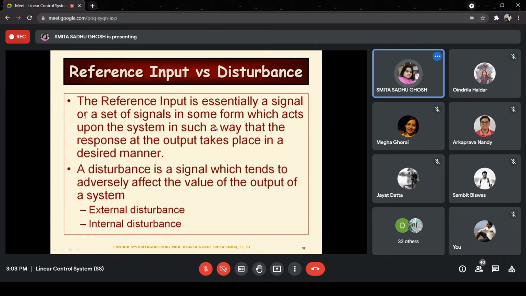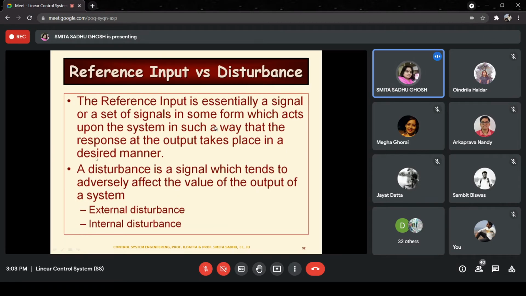However, there is a subtle difference between the two signals which are influencing the system. The reference input is essentially a signal or a set of signals in some form which acts upon the system in such a way that the response at the output takes place in a desired manner.